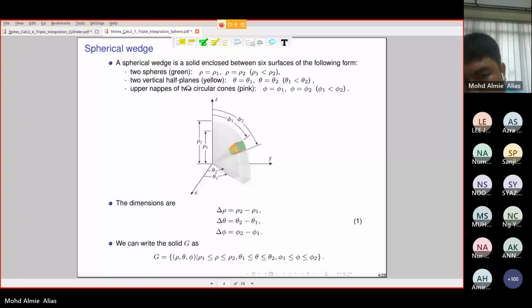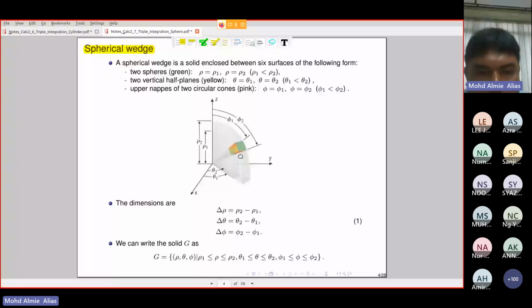As we discussed before, for spherical coordinates, there are also 6 quantities describing this wedge. Of course, is the quantity that we just discussed. So we have here the wedge, and then there are rho 1.